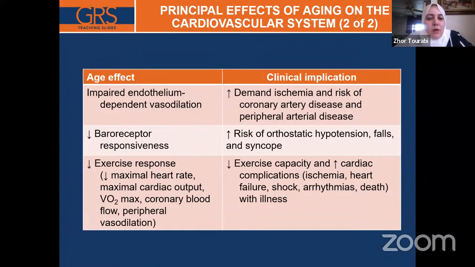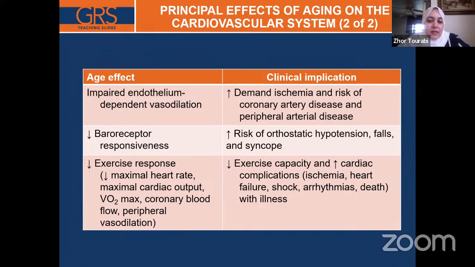Yes, thank you. So also we're going to have an impaired endothelium-dependent vasodilation. This will lead to increased demand ischemia and the risk of coronary artery disease and peripheral artery disease. Decreased baroreceptive responsiveness leads to a higher risk of orthostatic hypotension, falls, and syncope.